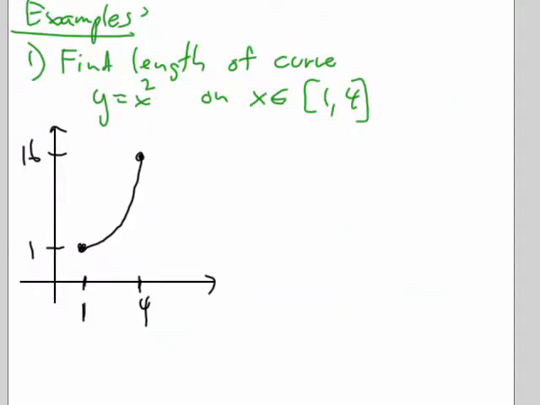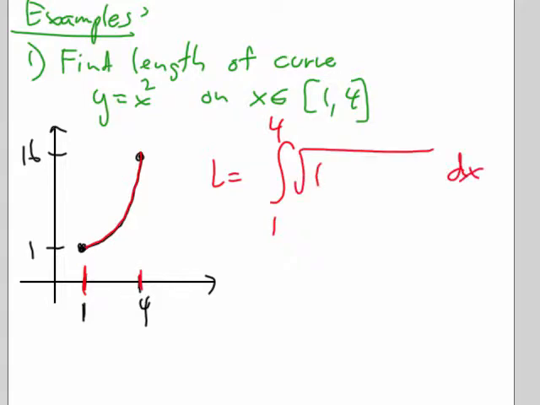Alright, let's look at an example here. We have part of the arc or curve of y equals x squared between 1 and 4, and I want to find the length of this. So if I'm doing this with respect to x, then my length is simply the integral from the start to the end with respect to x of the root of 1 plus dy/dx squared.